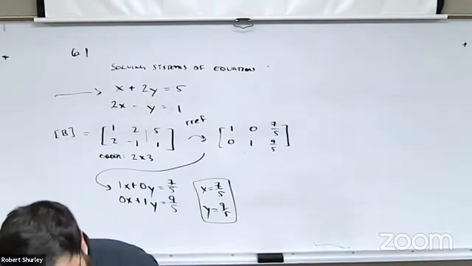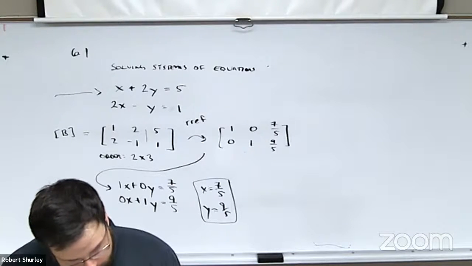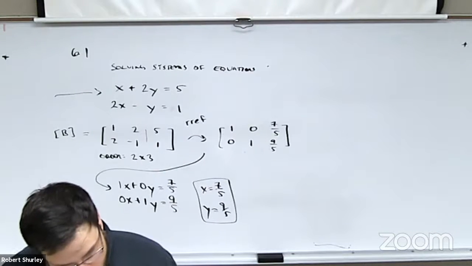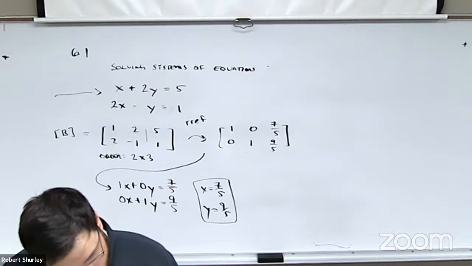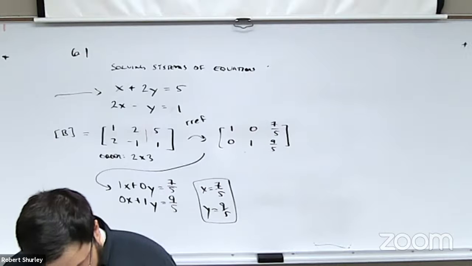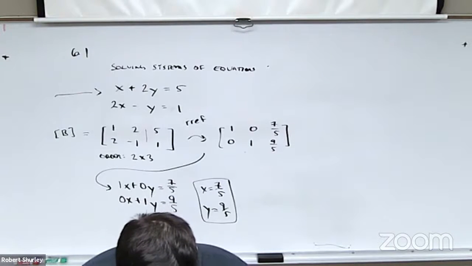I'm going to steal an example straight from the book. Let's see, where do they do this? Hold on. Yeah, there's the Gaussian elimination method, which is fun.